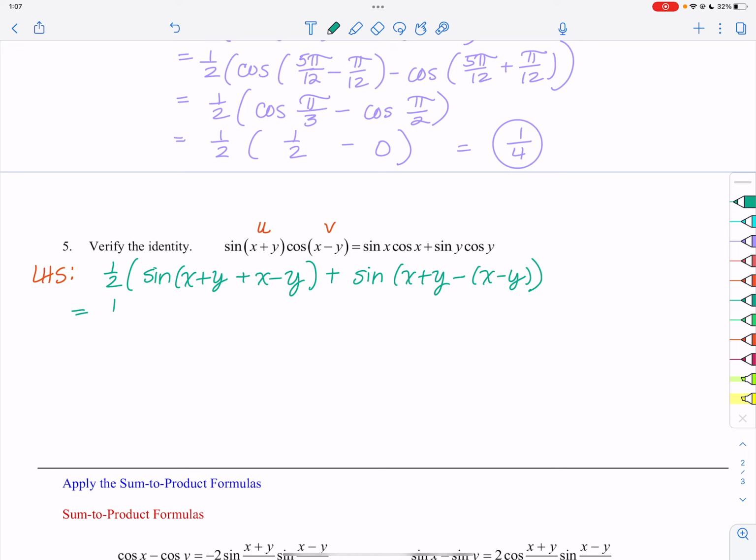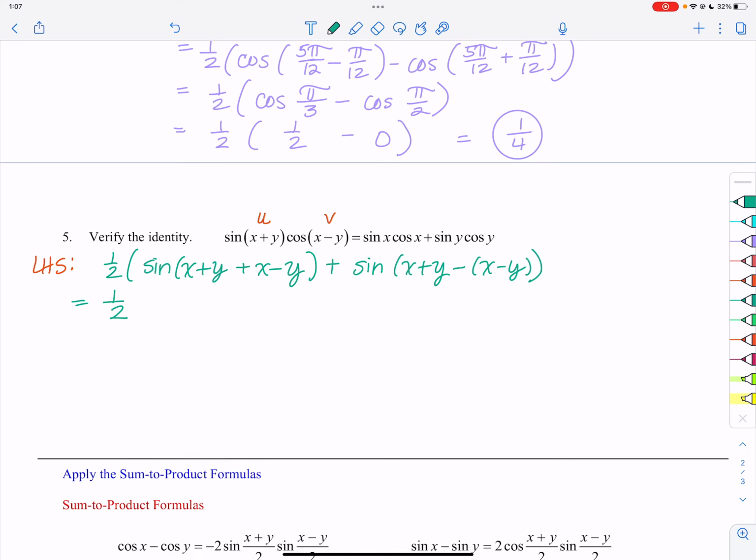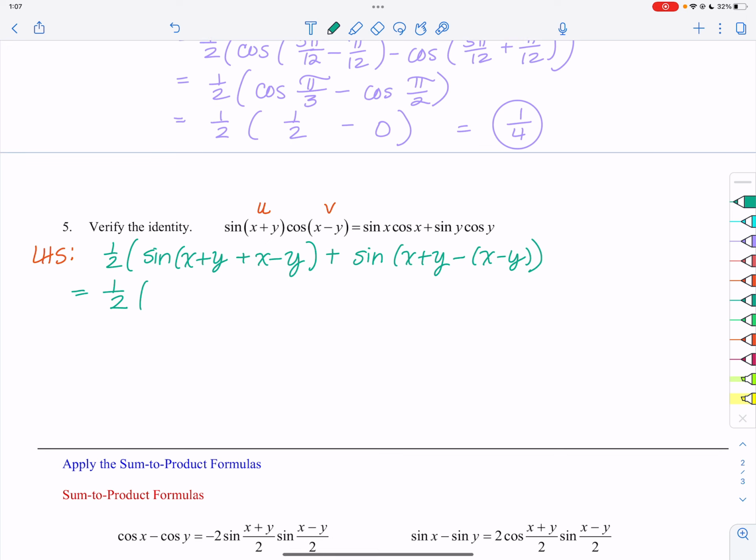And that's equal to 1/2, and that is the sine of 2x, that's the sine of 2x.